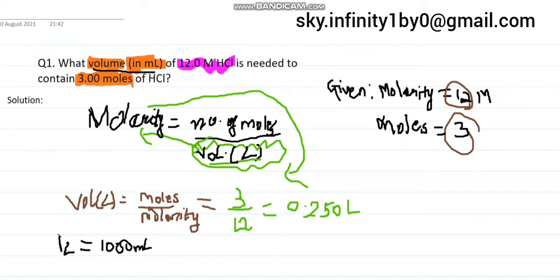And over here we have found the volume in liters, which is 0.250 liter. But we don't know how much is 0.250 liter in ml. So we can write it here as X.